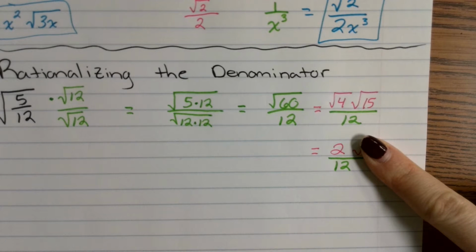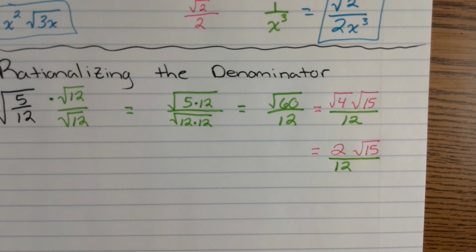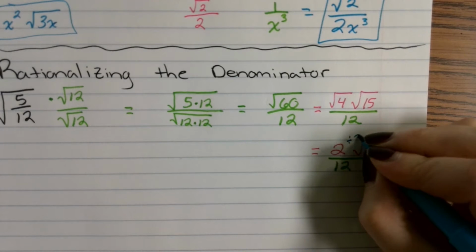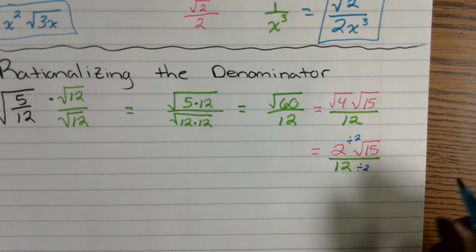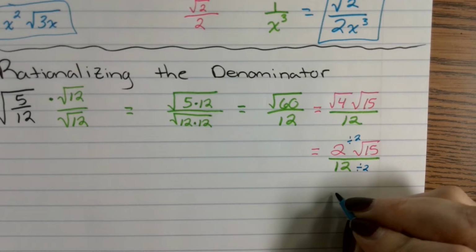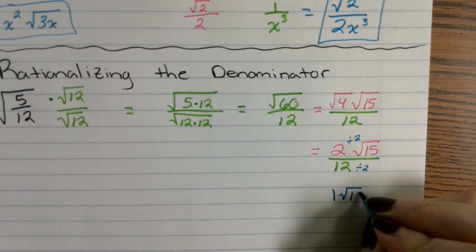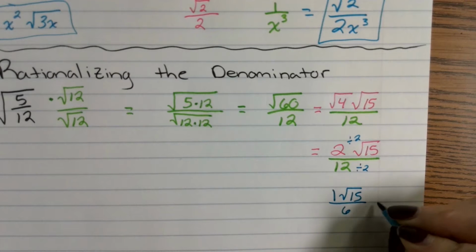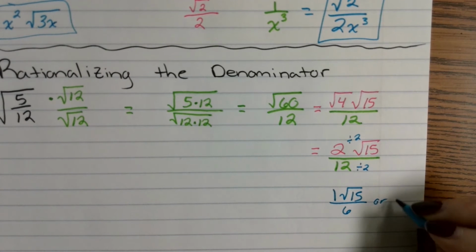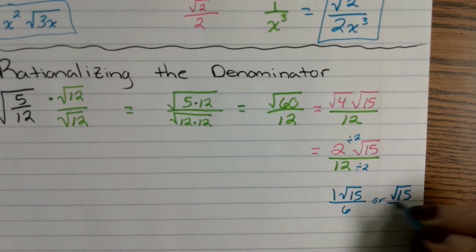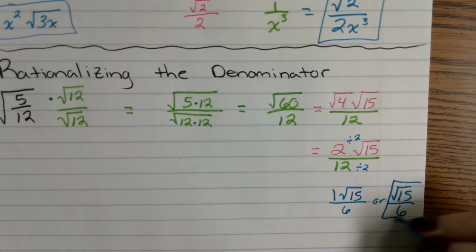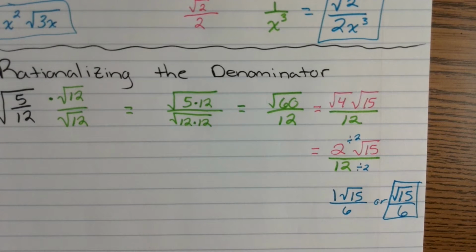Can we simplify 2 over 12? 1 over 6, right? These are both divisible by 2. So I'm just going to be left with 1 square root of 15 over 6. Or you could just write it as square root of 15 over 6. That's the more common way that it's going to be written. They won't put the 1 in front.